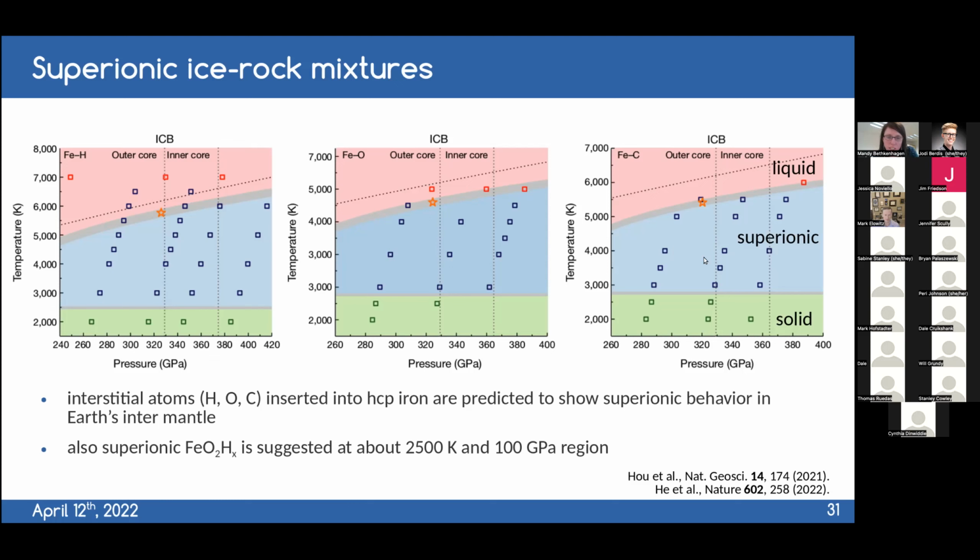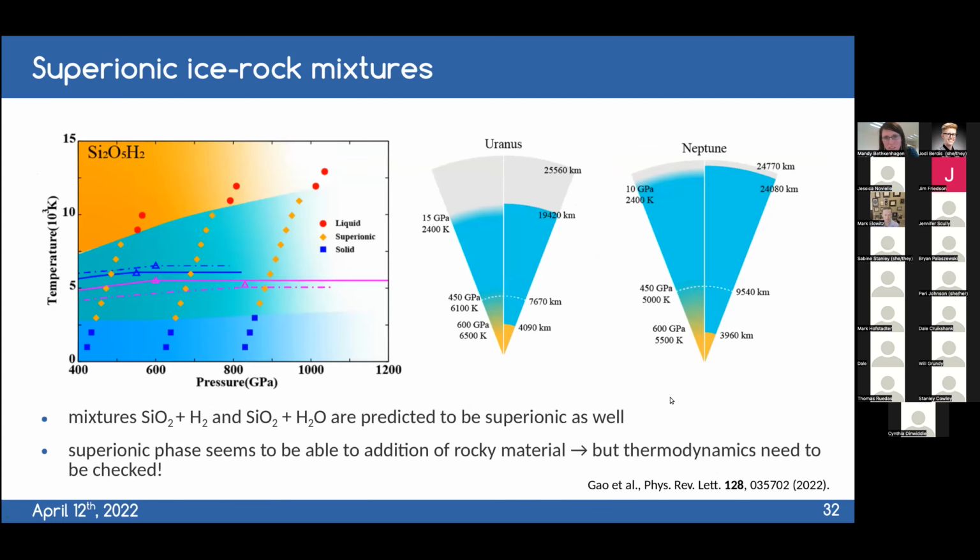Additionally, there's also some other work which was recently published on superionic FeO mixtures that also have some hydrogen in them. So apparently it's pretty easy to still make a superionic phase if you have a rocky material. This was also shown for silicate plus hydrogen, or silicate plus water.